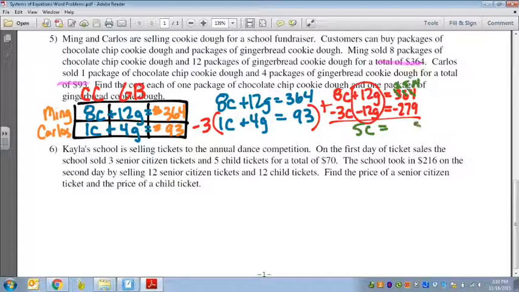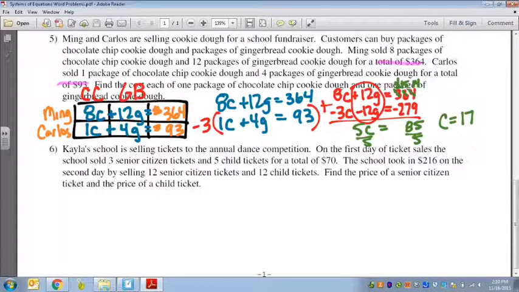That's going to give me 85. And divided by 5, C equals 17.